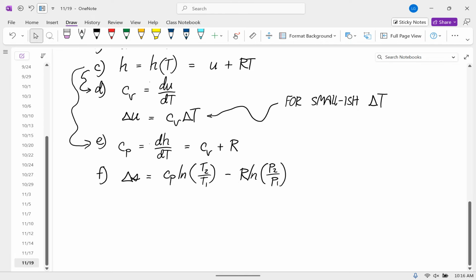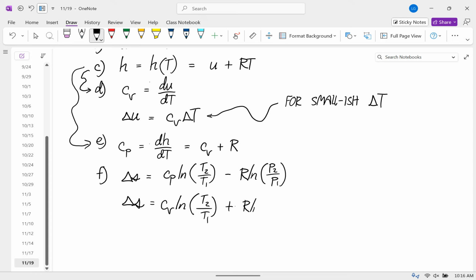And the second one says delta S is equal to CV times the natural log of T2 over T1 plus R times the natural log of V2 over V1.